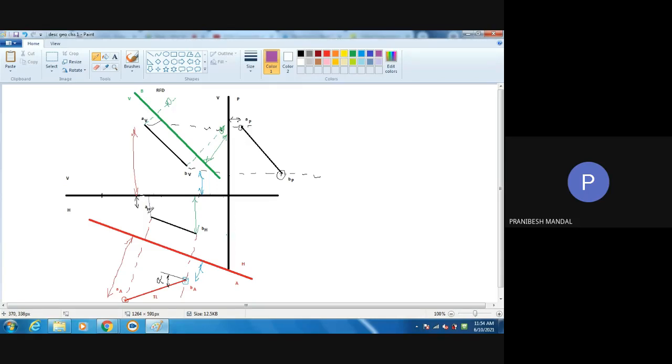This length is this length. Is it all right? Yes, sir.